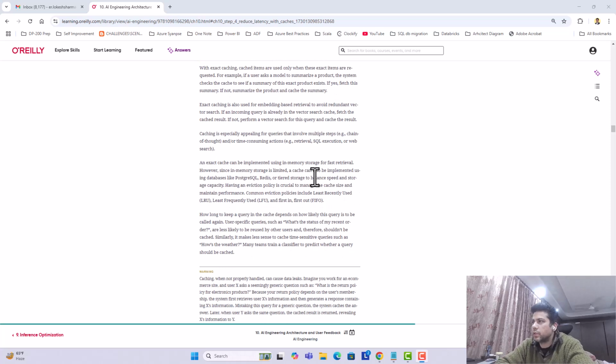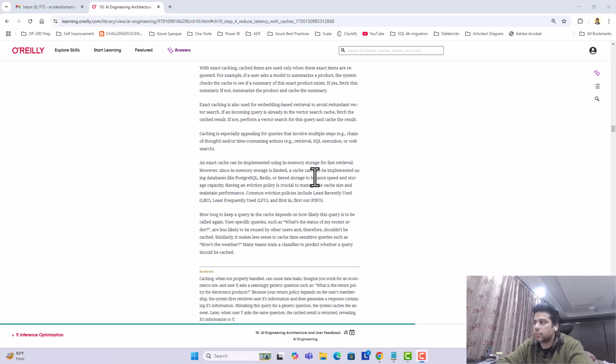Caching is especially appealing for queries that involve multiple steps, example chain of thought, or time consuming actions like retrieval, SQL execution, or web search. Exactly a point that we just discussed. An exact cache can be implemented using in-memory storage for fast retrieval. However, since in-memory storage is limited, a cache can also be implemented using databases like PostgreSQL, Redis, or tiered storage to balance speed and storage capacity.